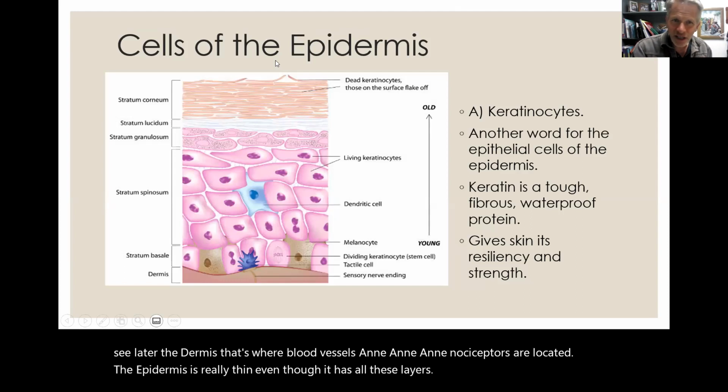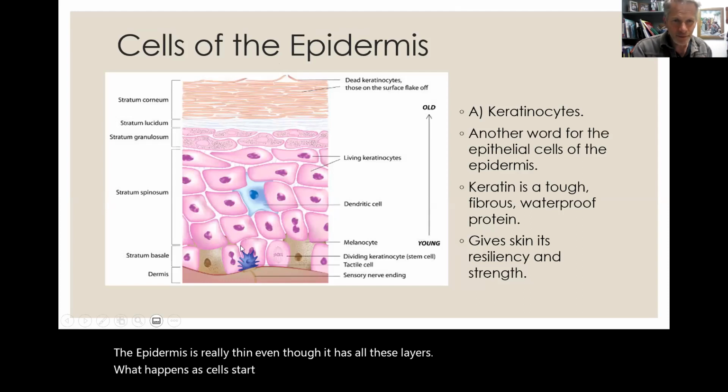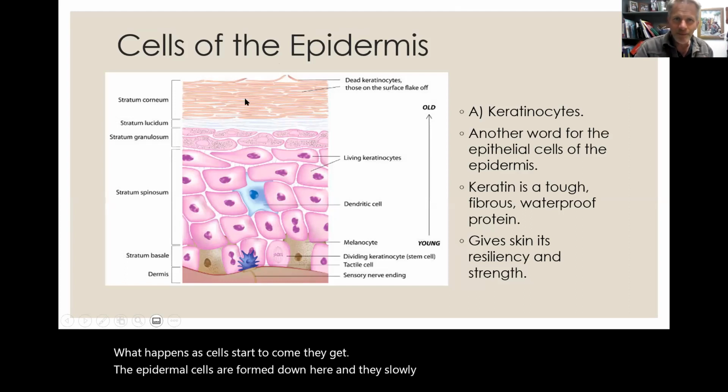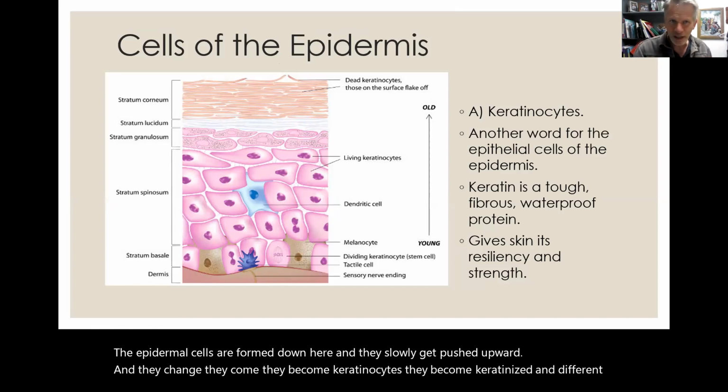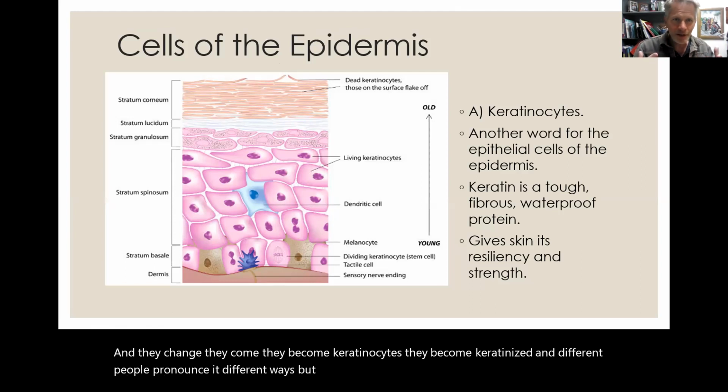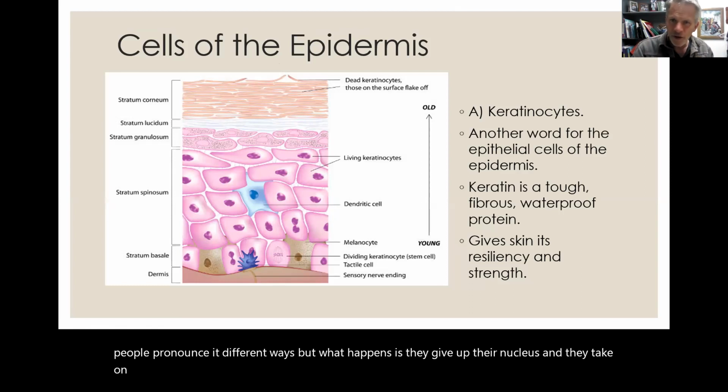What happens is the epidermal cells are formed down here, and they slowly get pushed upwards, and they change. They become keratinocytes, they become keratinized, and different people pronounce it different ways. But what happens is they give up their nucleus, and they take on this kind of tough, waterproof protein called keratin.